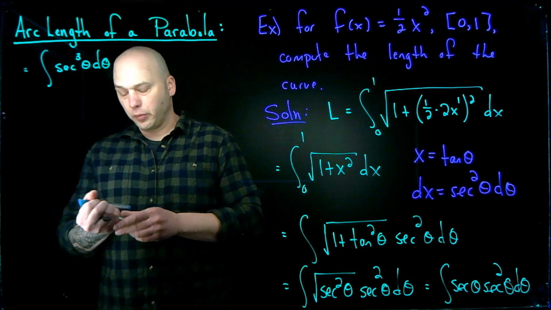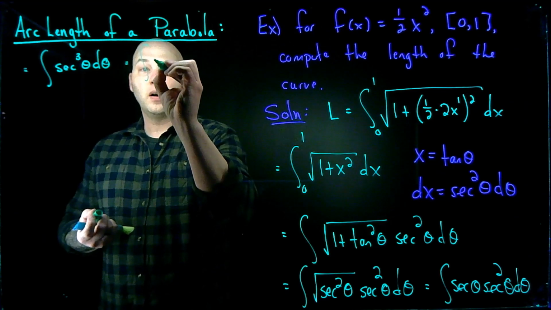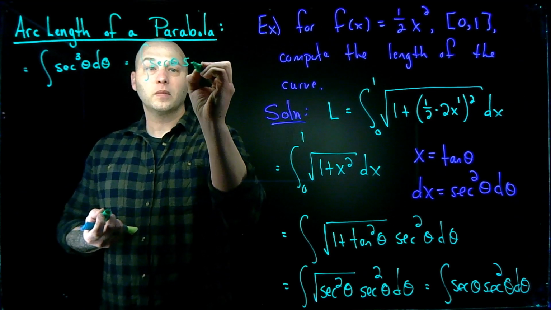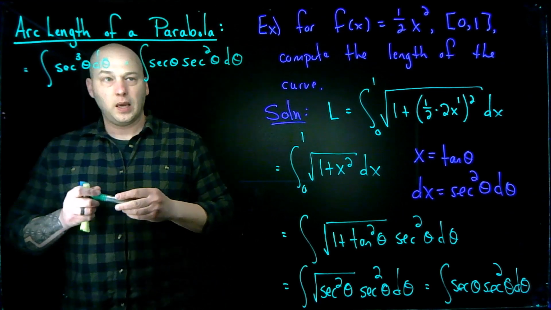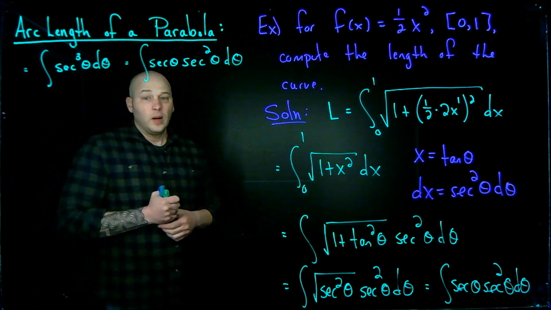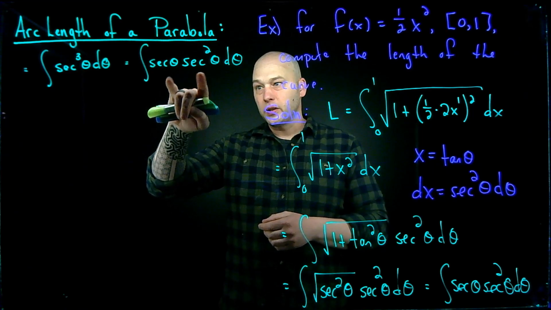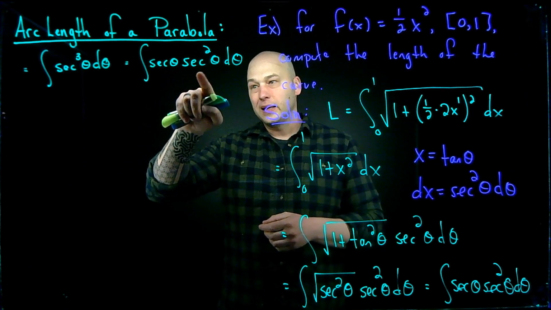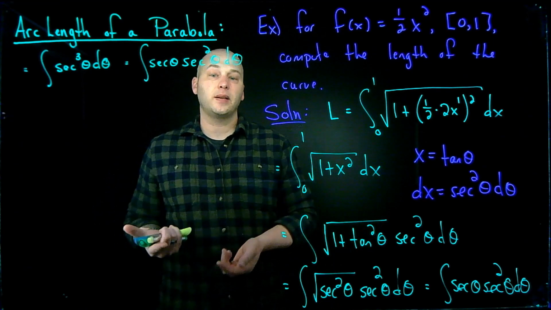Okay, so in order to integrate secant cubed, I'm going to rewrite this as the integral of secant of theta, secant squared theta, d theta. And what integration technique would apply to this? Well, let's think about this. I've got these two factors here, secant of theta and secant squared theta. Secant of theta we can differentiate, and secant squared theta we know an antiderivative for.